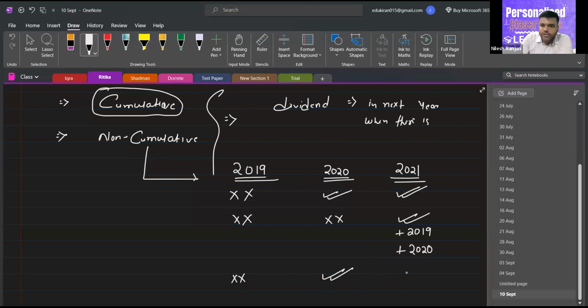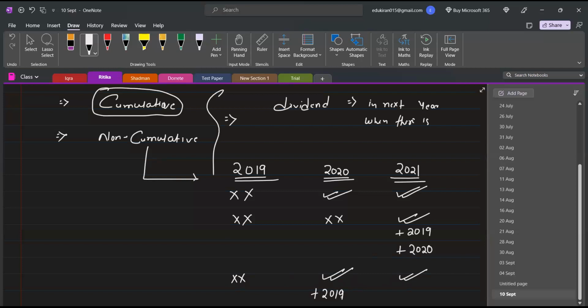So in 2021 you will get only the 2021 dividend, because in 2020 you have received this too. Yes, sir. So in 2021 you will get only the dividend of that year.